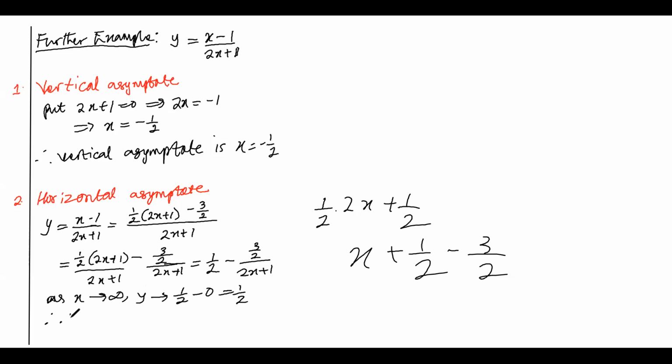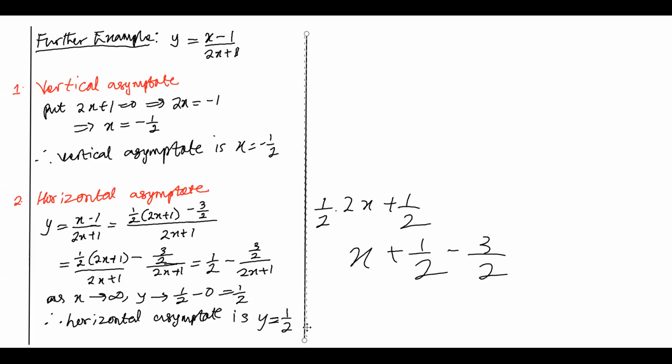Therefore, the horizontal asymptote is y equals 1 over 2. Okay, so having said that, the next question is about x and y intercepts.